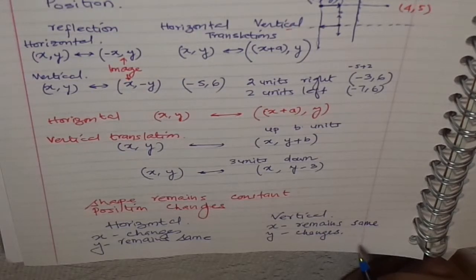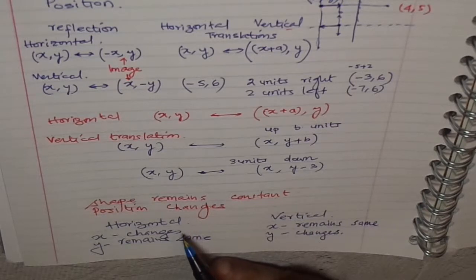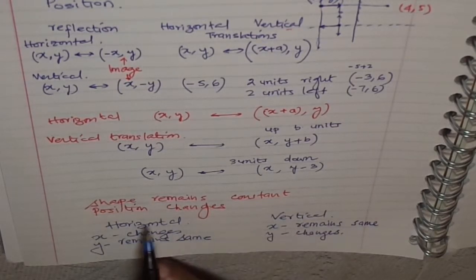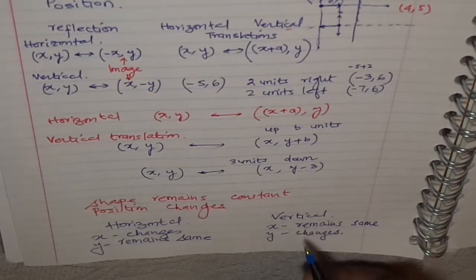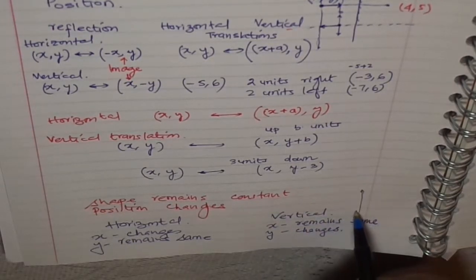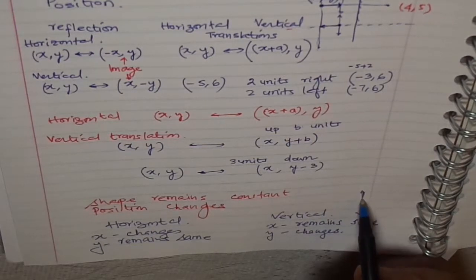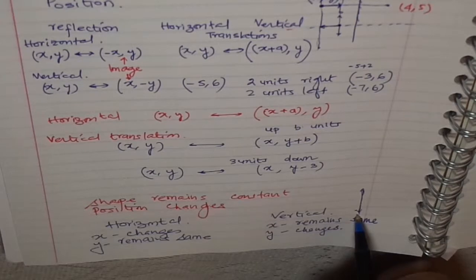Only one of them changed. If it was a horizontal transformation, then the x value changes, because horizontally you move along the x coordinate, parallel to it, right? But the y coordinate remains the same. If you move along the y coordinate vertically, then your position changes vertically, but the x position remains the same, right?